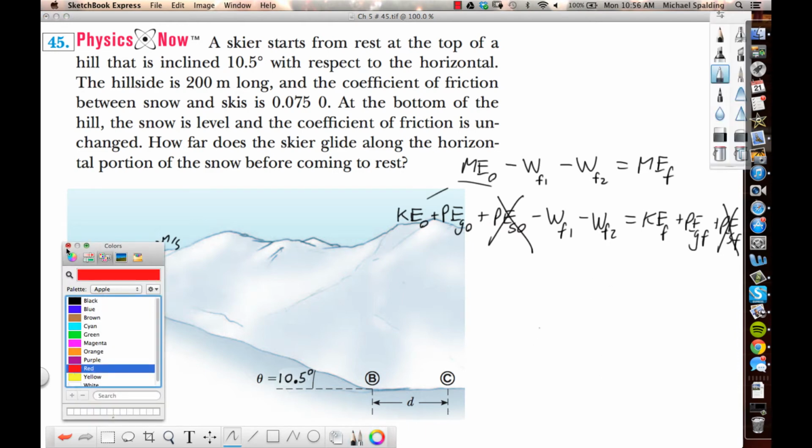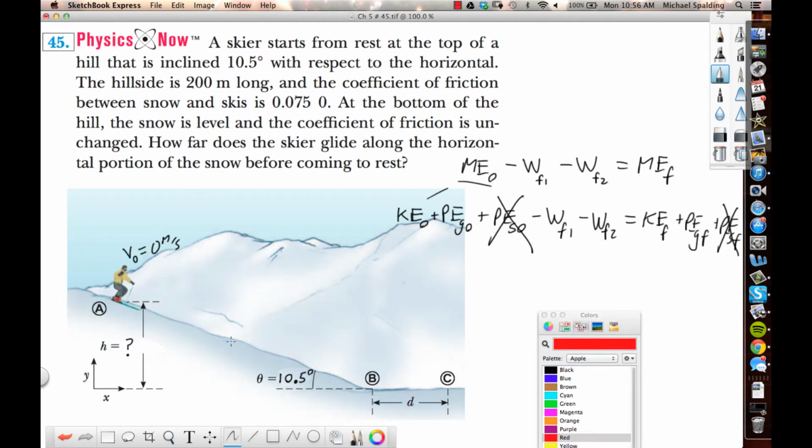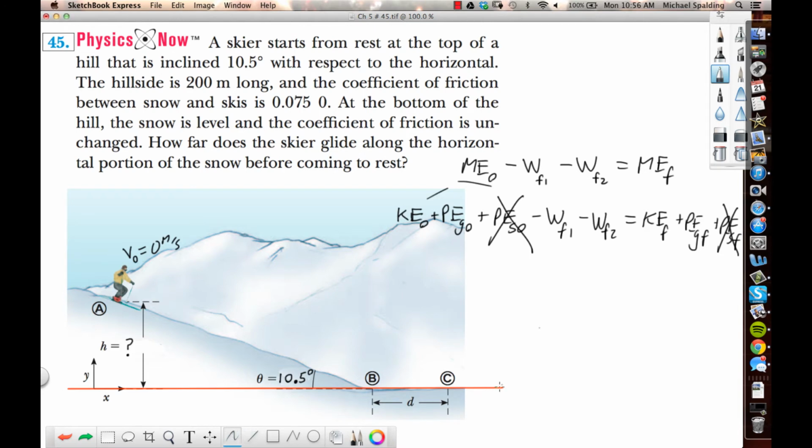On the flat part. I'd stick the zero point down here. So this red line right here, that's going to be our zero point. That's h equals 0.